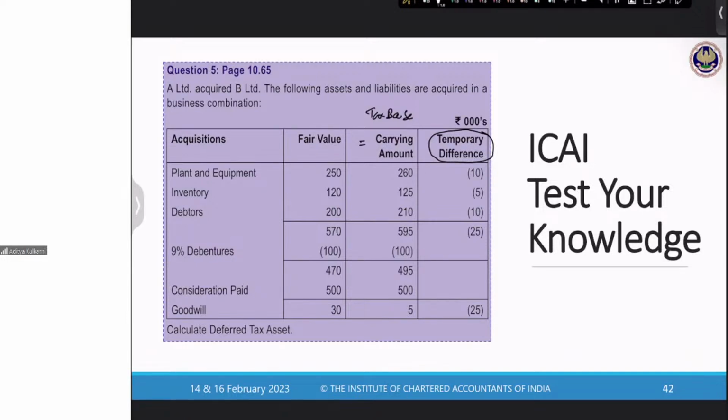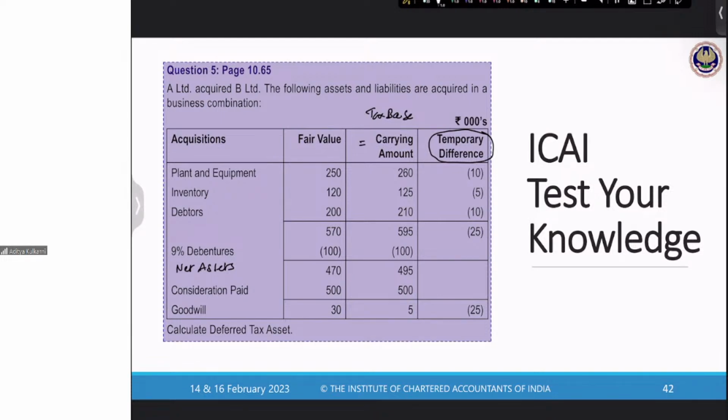Fair value of plant and equipment, inventory and debtors is given, carrying amount is given, temporary difference is given, and 9% debentures. So these are my net assets, 470, 495. Consideration paid is there, and the net goodwill is coming to 25.